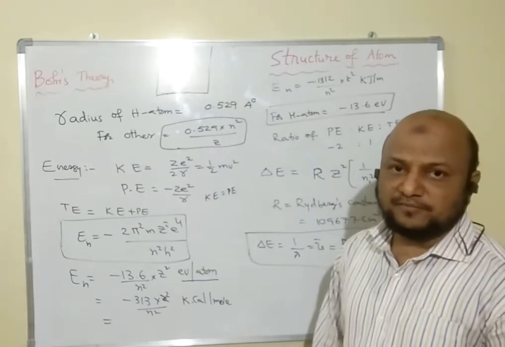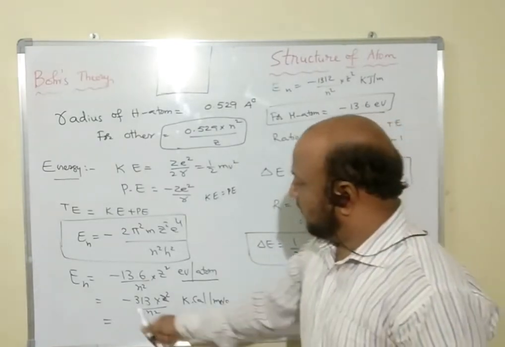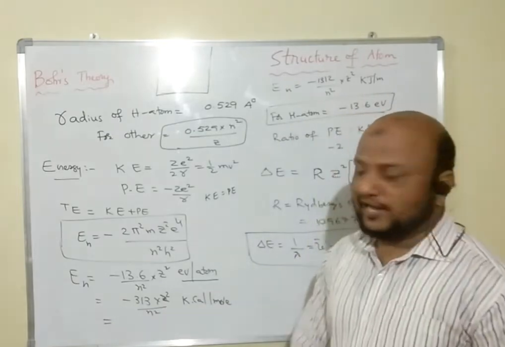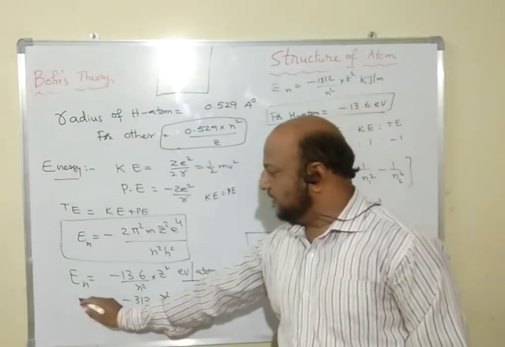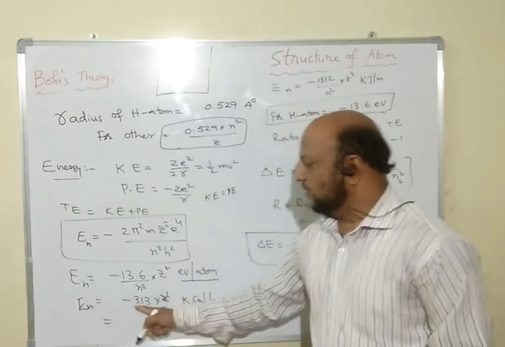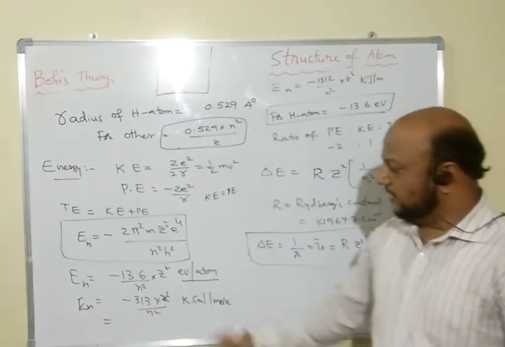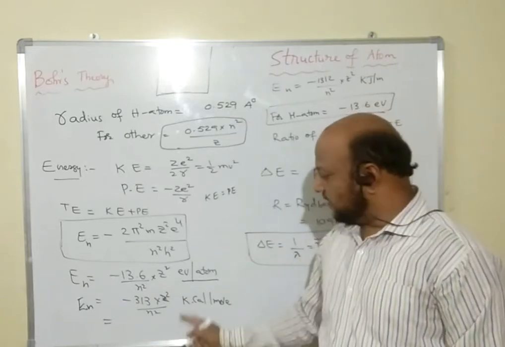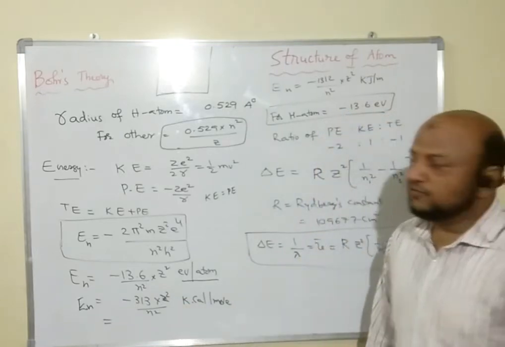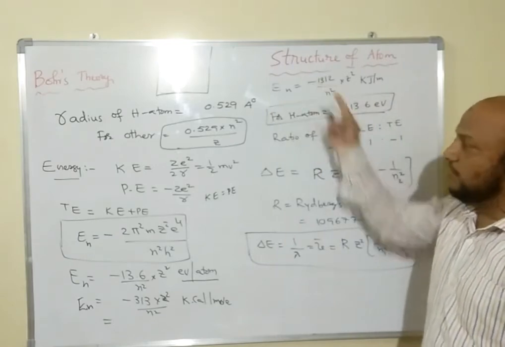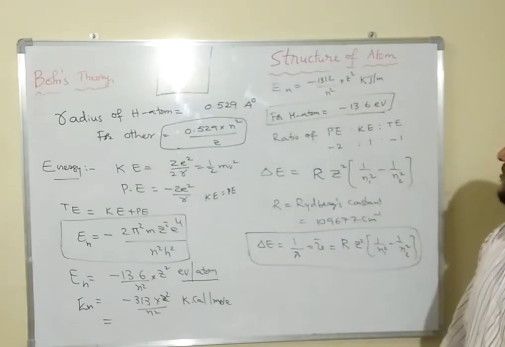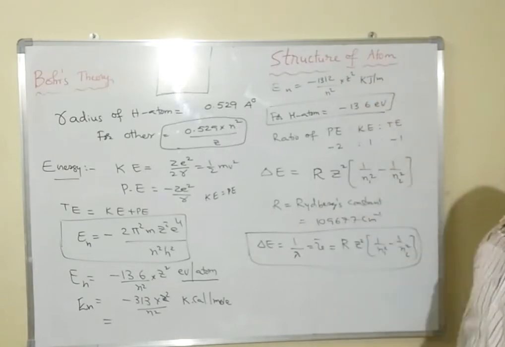Sometimes problems ask in other units, like kilocalories and kilojoules. For that, the energy value En is equal to minus 313 into z square by n square in kilocalories per mole. If the question asks in kilojoules per mole, we write En is equal to minus 1312 by n square into z square kilojoules per mole.